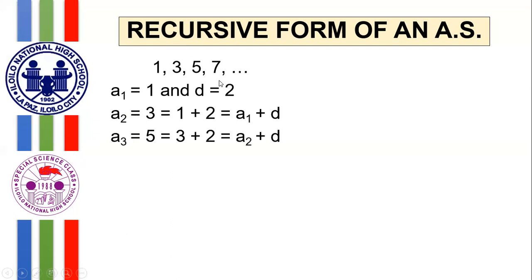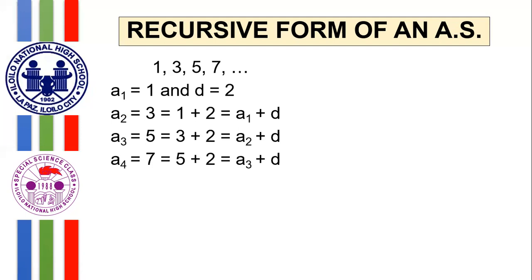If you have the third term, which is 5, from the second term, its immediately preceding term, which is 3, you added 2. That's why I expressed 5 as 3 plus 2. But 3 is your second term, right? That's why I substituted this 3 with a sub 2, and this 2 is still your d. That's why a sub 3 is a sub 2 plus d.